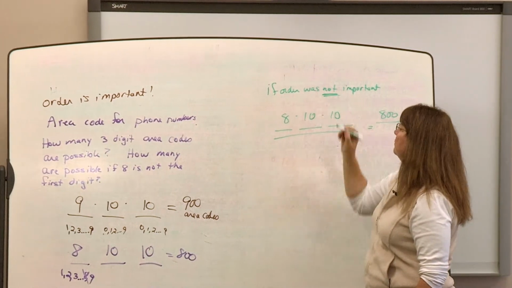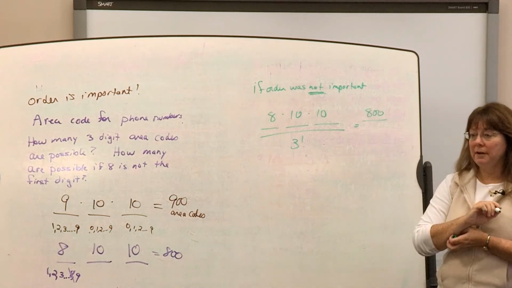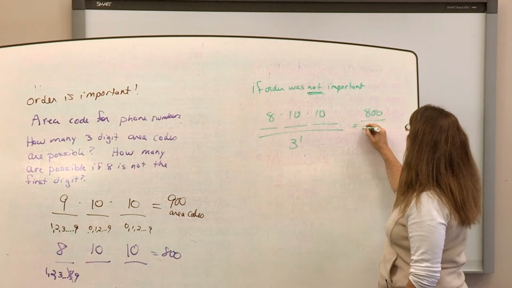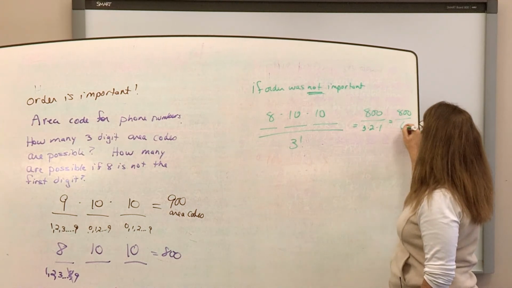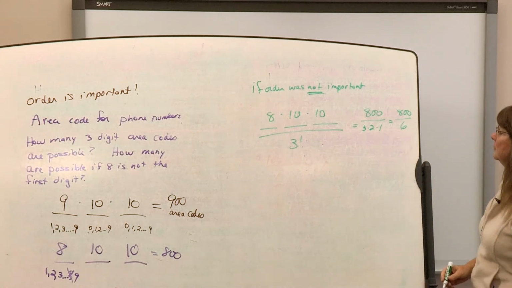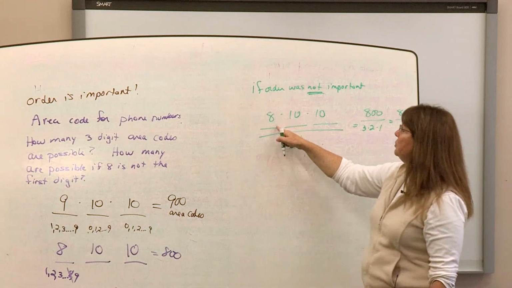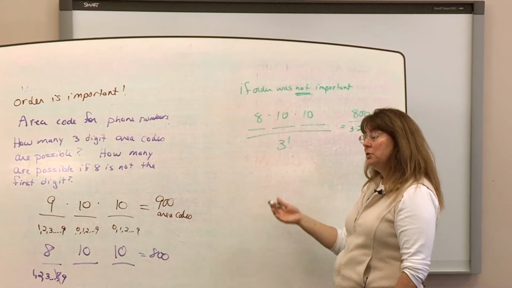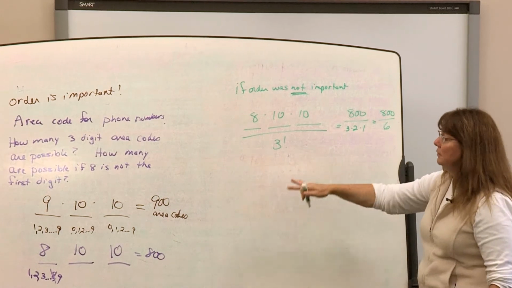How many blanks did we have? 3 blanks, so we'll use 3 for the factorial on the bottom. 3 times 2 times 1. So I'd have 800 divided by 6. So the big things to keep in mind are how many options you have for each of these when you're filling in the blank. How many choices are possible? I have this many choices, I have this many choices. And then whether order is important or not, whether you have to divide by something or not.